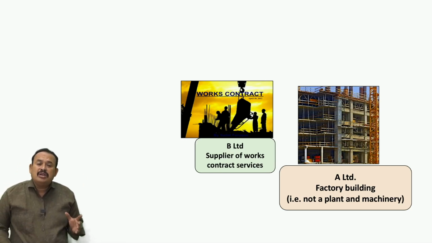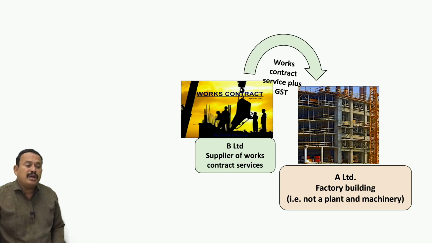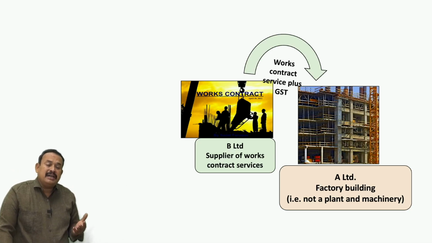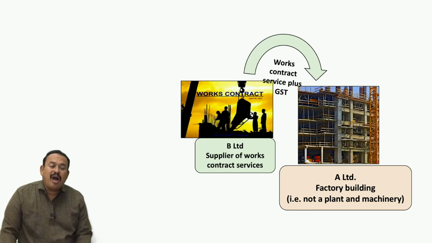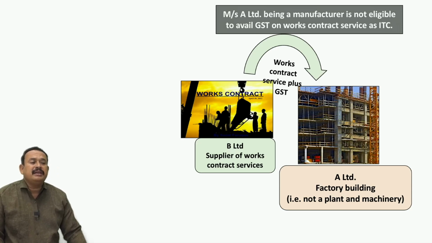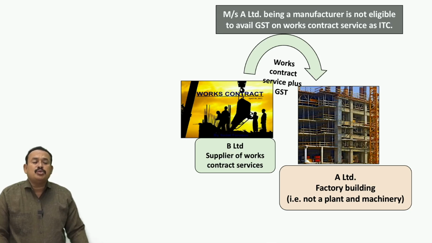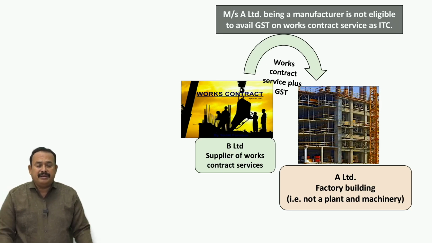Such service supplied by B Limited is called works contract services, provided to A Limited. For A Limited, it is not qualified for input tax credit because it is a blocked credit under section 17, subsection 5, clause C. A Limited, being a manufacturer, is not eligible to avail GST on works contract service as ITC since it is blocked credit.